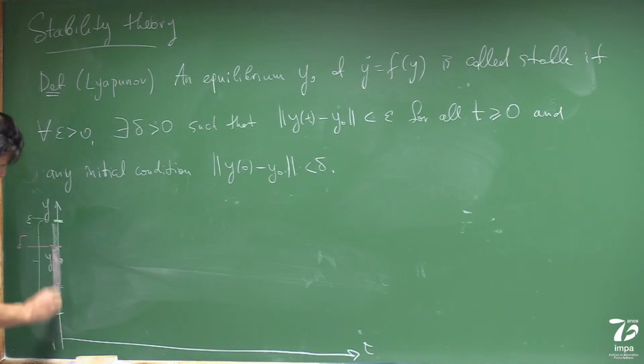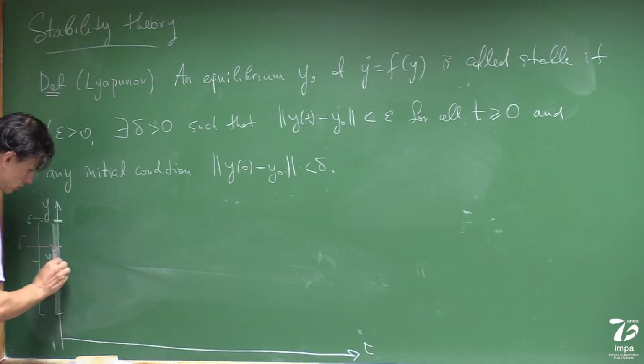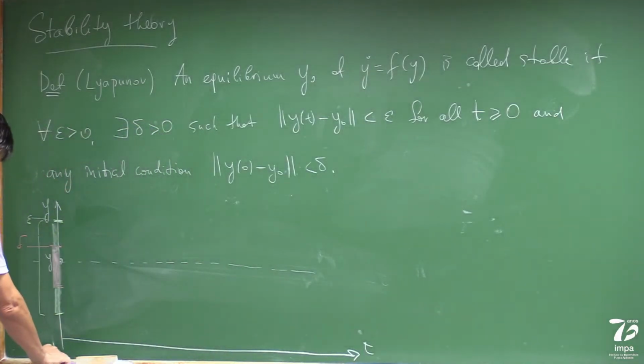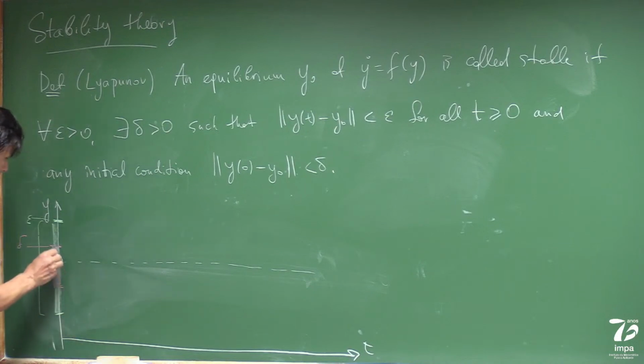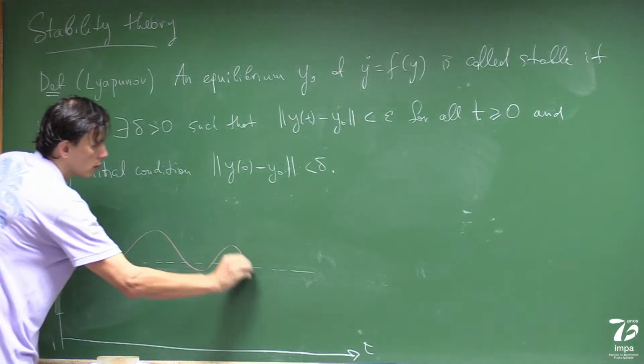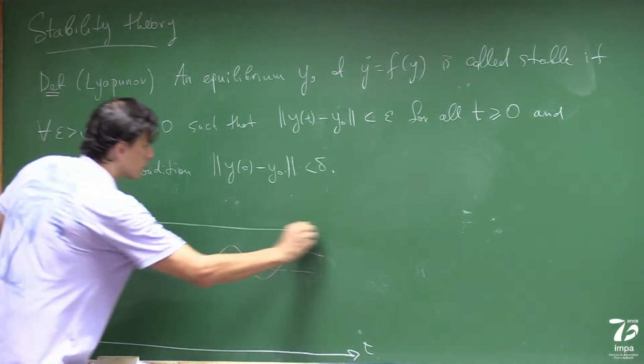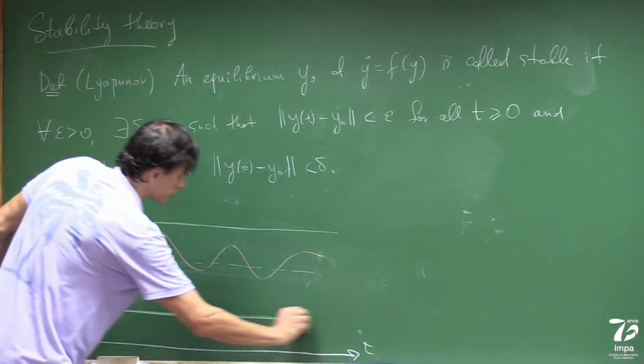So whatever initial condition you take in this delta neighborhood, it will never exit the region of size epsilon.